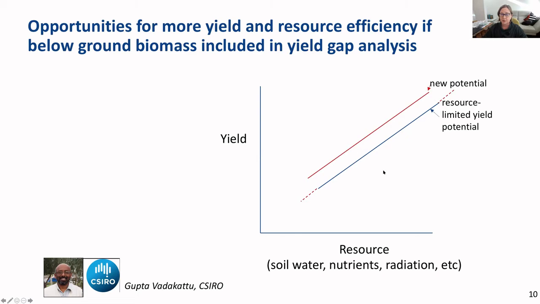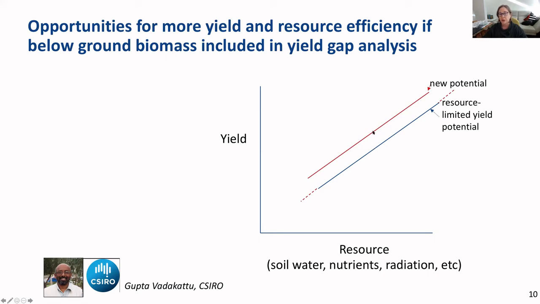And if growers and a certain land area is not reaching this boundary, then there is a gap in achieving that yield, not related to the genetics of the crop, but needing more resource.